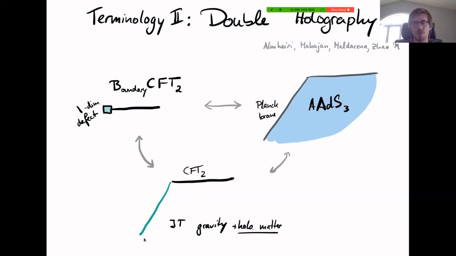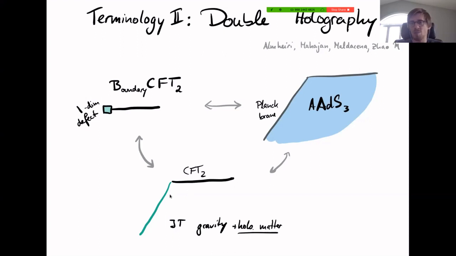But now what I can do is, let's assume that my two-dimensional CFT is actually holographic itself. What we would expect then is that near this boundary, I should just be able to do standard AdS/CFT. So I get some asymptotically AdS space-time in one higher dimension. Near the brane, it's unclear what happens, but we can make a few guesses.